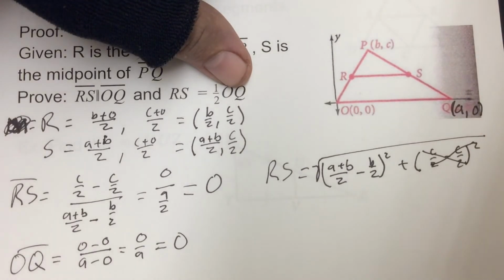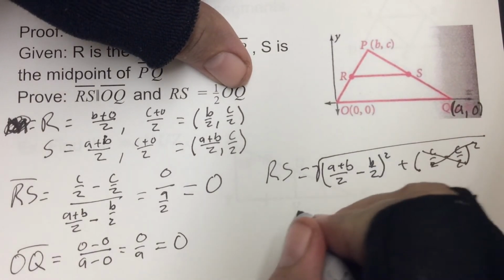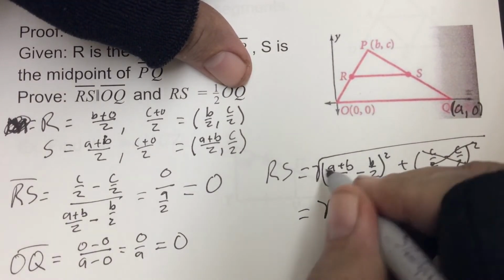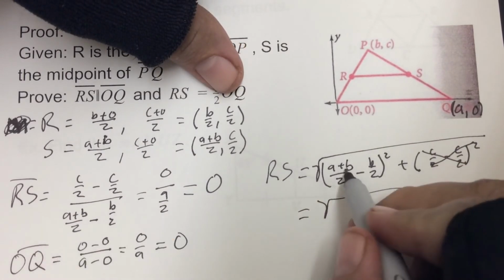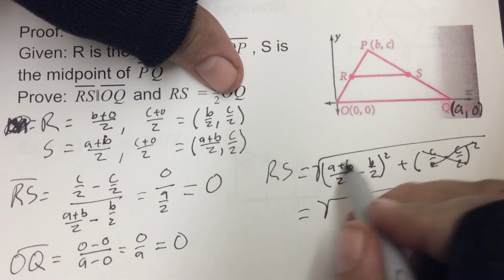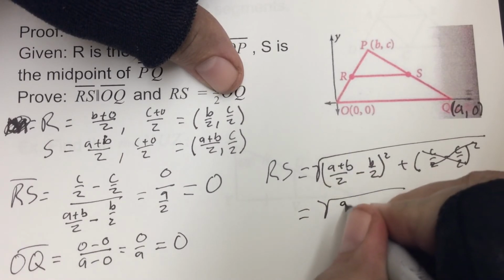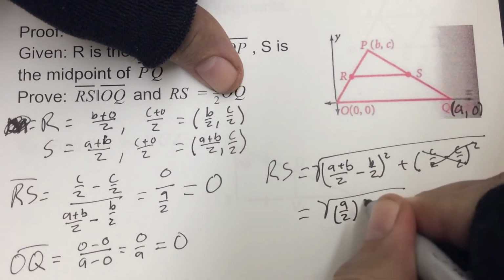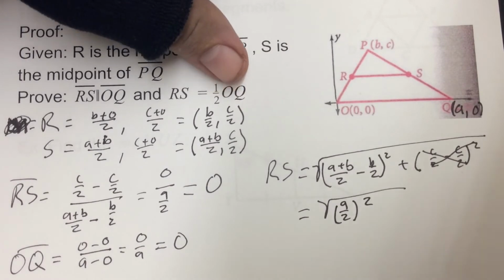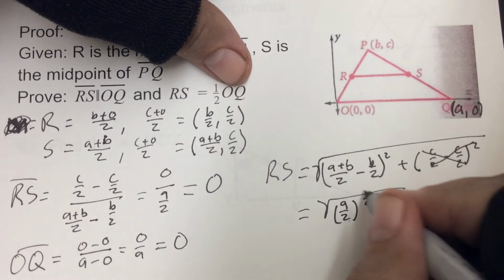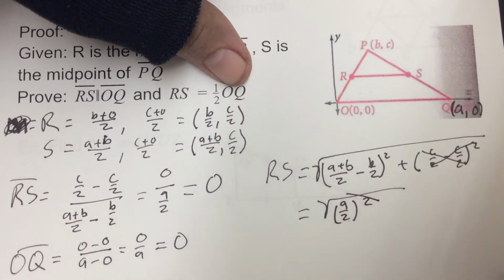So that doesn't matter. It's just this over here that's going to matter. Same thing as what we did over here: the B's would cancel because we're both over 2, so we subtract the tops. B minus B would be 0, so we just have the A over 2. And that is squared. Now, if we only have one term that's squared underneath the square root, the square and the square root cancel, and we're left with the distance of A over 2 for RS.